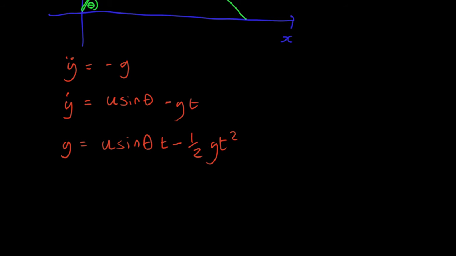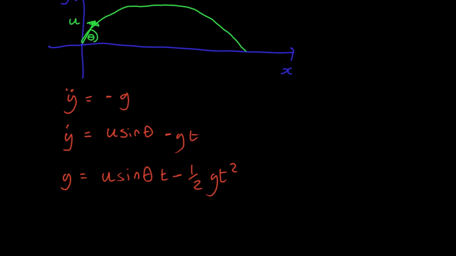Similarly for x, there's no force in the x direction, so x dot is just going to be constant, u cos theta, the resolved part of the initial velocity in that direction. And we see that x is going to be u cos theta times t.